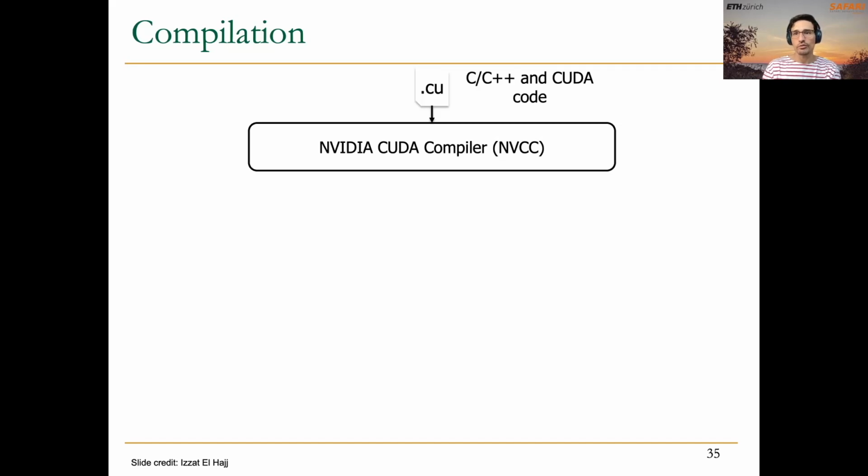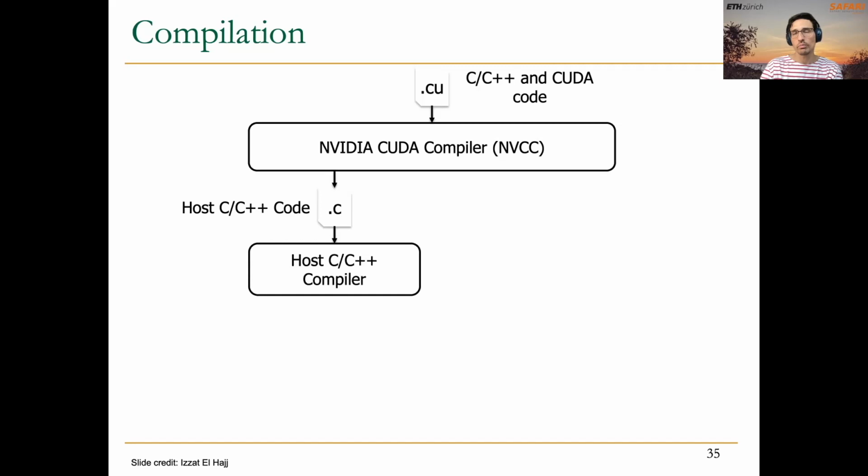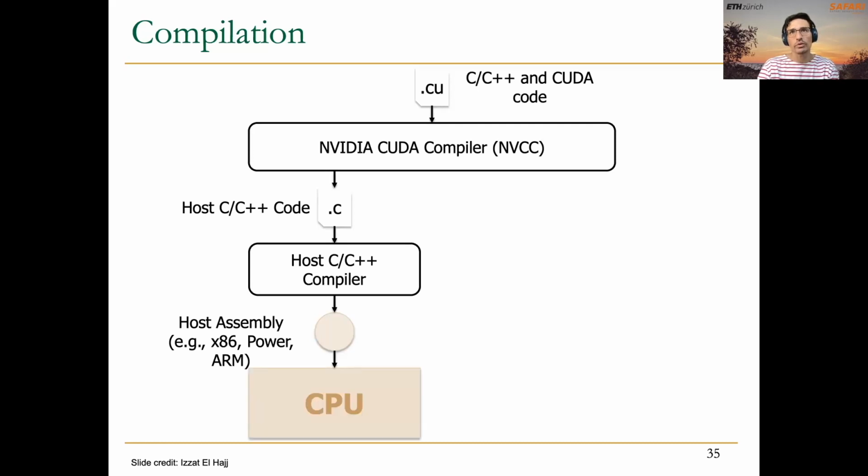These codes are fed to the CUDA compiler that internally calls the host compiler for the CPU code, and it will generate the host assembly, the machine code for a specific CPU, either an x86 processor, an IBM Power processor, or an ARM processor. On the other hand, we have the GPU code itself. The NVCC compiler first compiles it to an intermediate representation or a virtual ISA called PTX, which is common to all GPU generations.